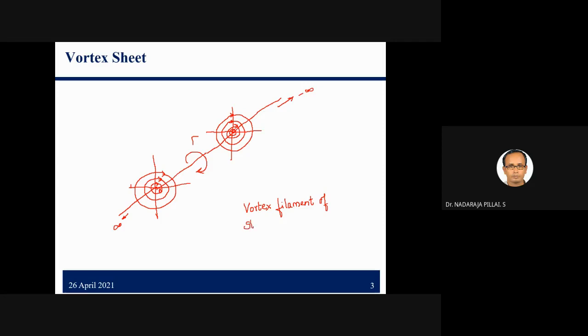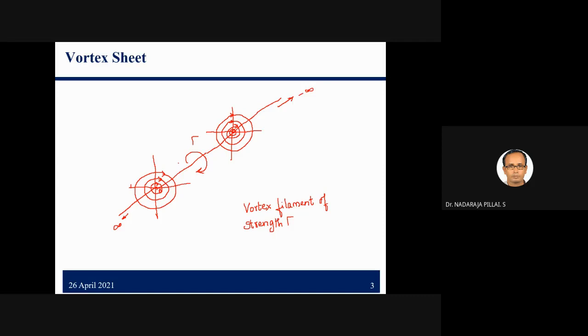I have shown only two vortices in the filament for representation, but it is not necessary that there are only two; we can also have multiple vortex sources, and this gamma is the integrated strength of all the small vortices.